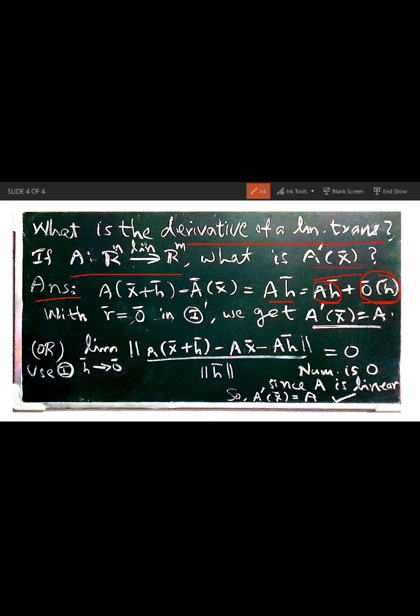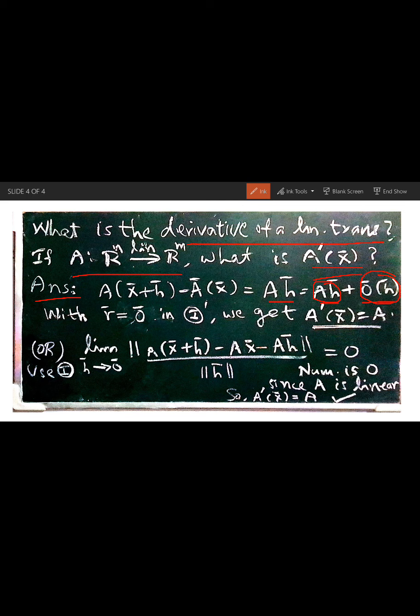That means R of h must tend to 0 faster than h tends to 0. Such a thing should exist and it should satisfy this property. If that holds, this is equivalent to saying the function is differentiable.